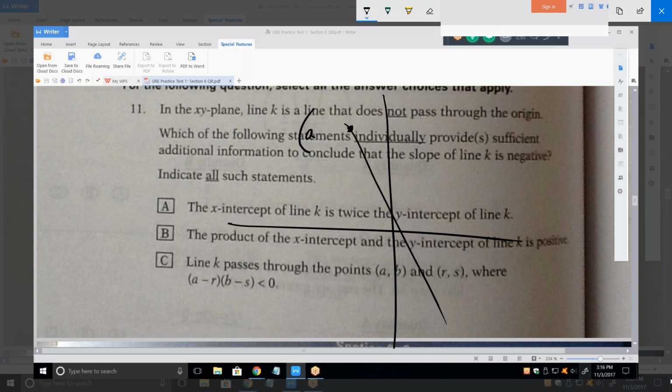That point is A comma B, and we'll call that point R comma S. Is A minus R positive or negative?